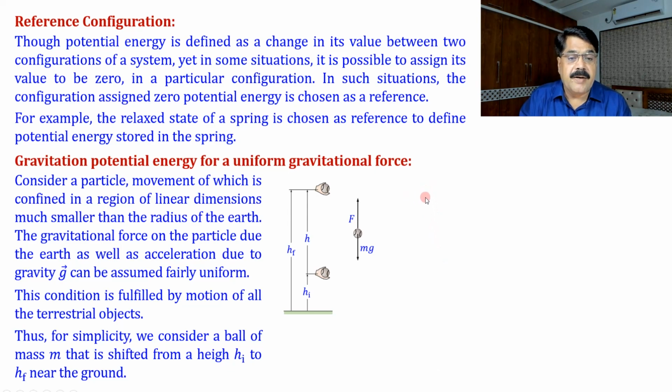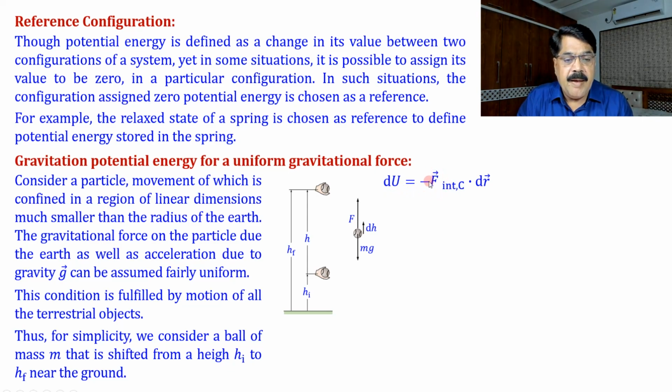Let us again execute this mathematically. Here we assume a small displacement dh in the upward direction. So what is the definition of potential energy? dU is equal to minus F vector conservative dot dr, meaning the negative of the work done by the conservative force is equal to the increase in potential energy.